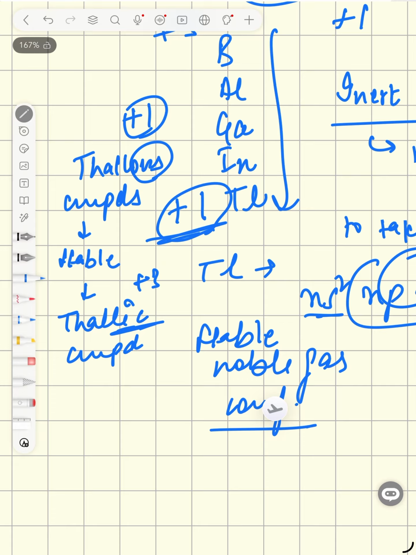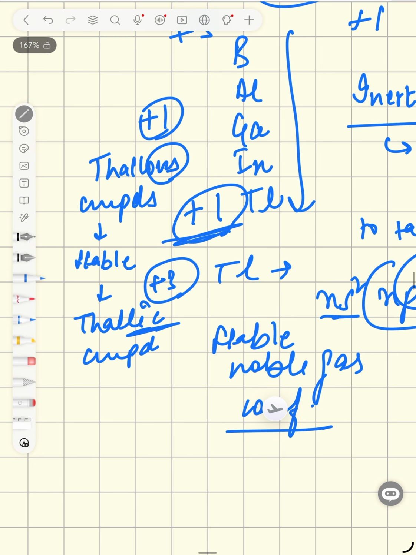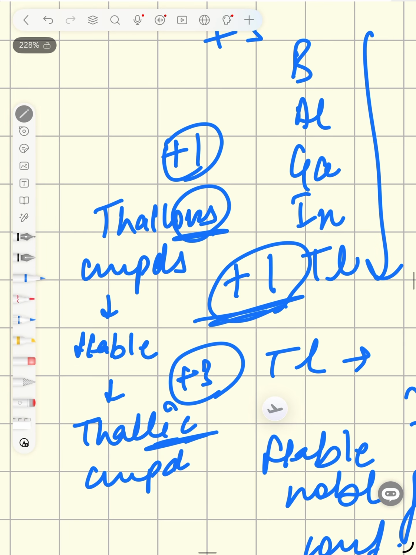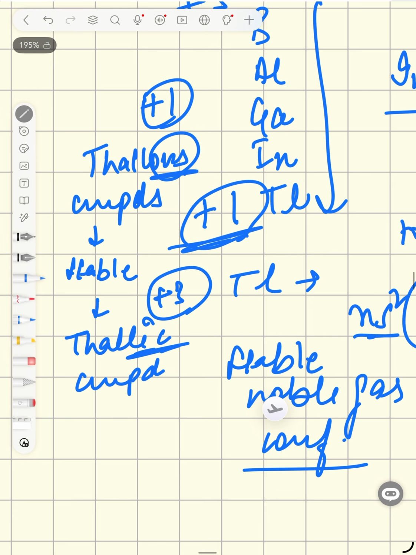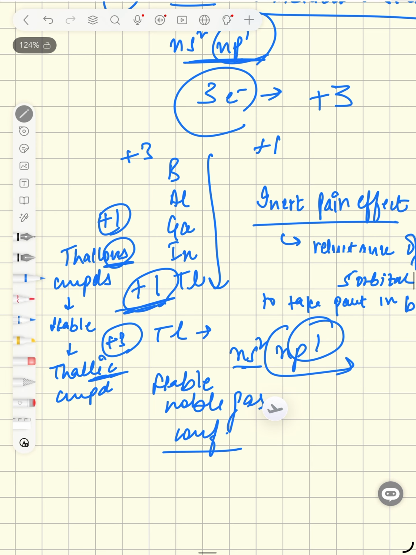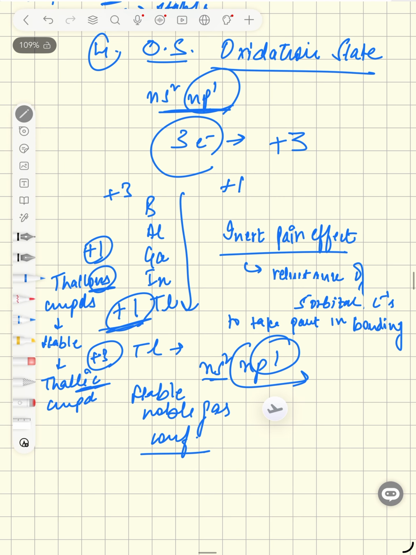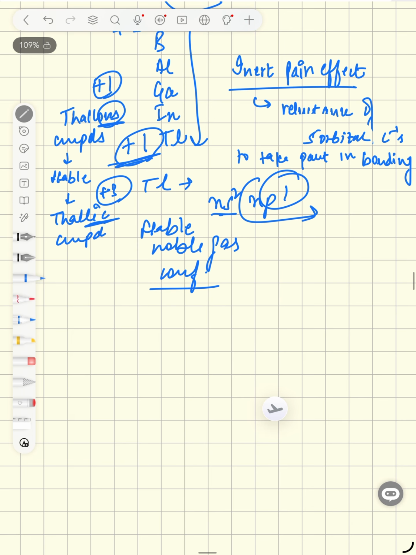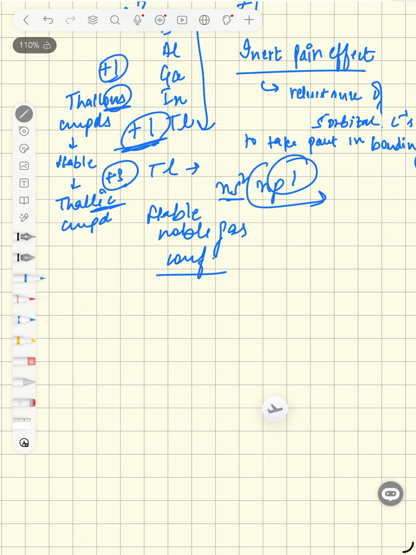The suffix -ic is used for compounds which show the higher oxidation state, here it's +3, and -ous is used for compounds which show the smaller oxidation state. Therefore, thallous compounds in case of thallium are more stable as compared to thallic compounds due to inert pair effect. Right? The next property is electropositive character.